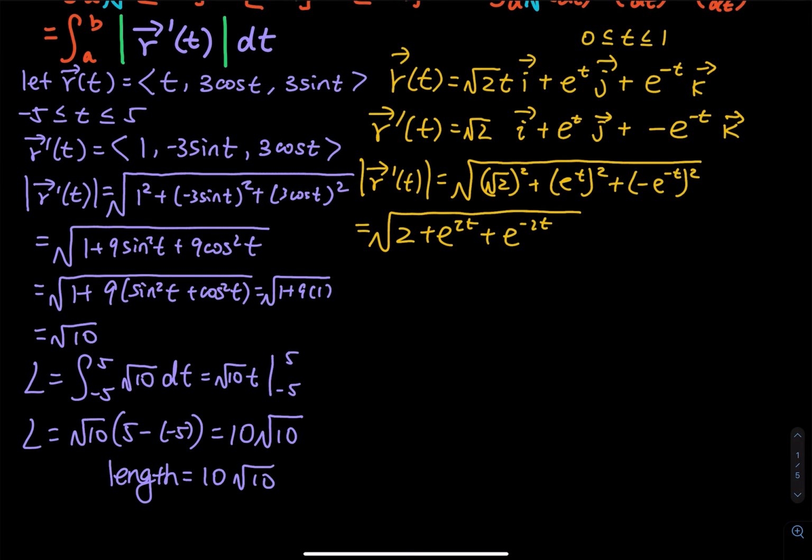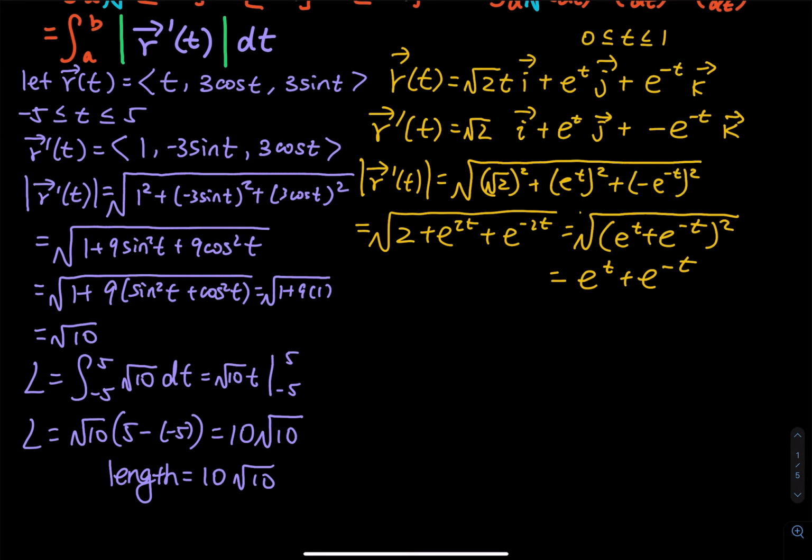You are studying vectors right now, you should know how to factor this. The factor is equal to the square of e to the t plus e to the -t. That is how you factor that. And then the square root of the square gets rid of the square root, e to the t plus e to the -t. So this is the magnitude.